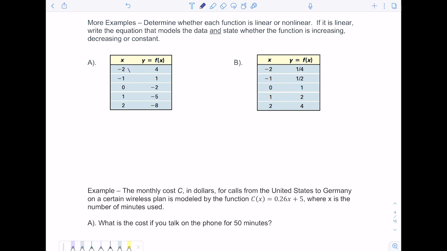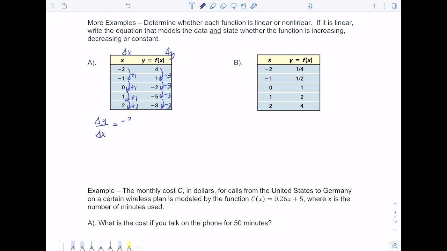Okay, so if I compare my x's, they're increasing by 1. And my y's look like they're decreasing by 3. So I know that my change in y over my change in x is constant.